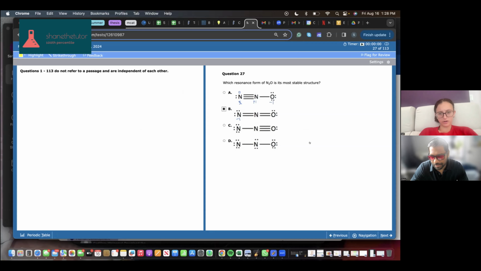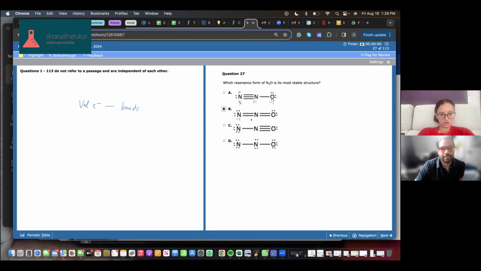Can you show me what you're counting? For example, here, one, two, three, four, no? Are you counting each pair of electrons as one? It's just the number of valence electrons minus the number of bonds. Here there's four valence electrons and two bonds, right?